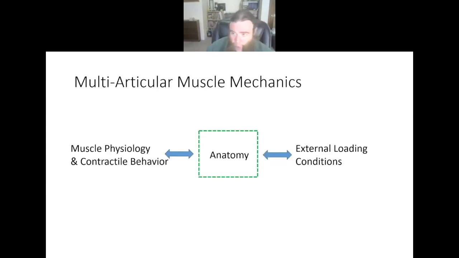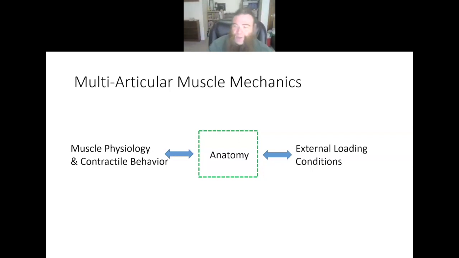And so to wrap up, what we've been doing here is actually looking at this middle portion. So on the left here, you've got the muscle as a physiological tissue with its length-tension and force-velocity relationships and what have you. And on the right, you have the external loading conditions, gravitational loading from cantilever, but also other conditions. And anatomy is sort of the link between the two.